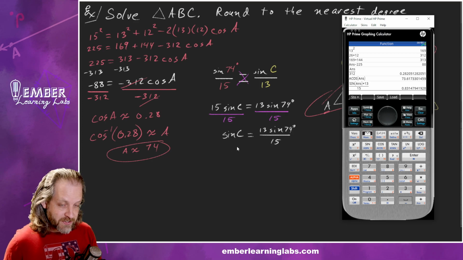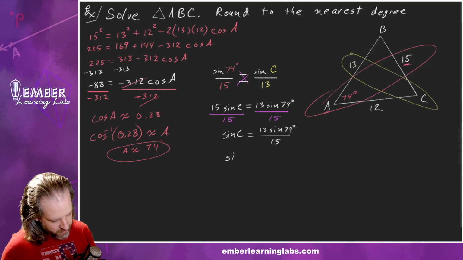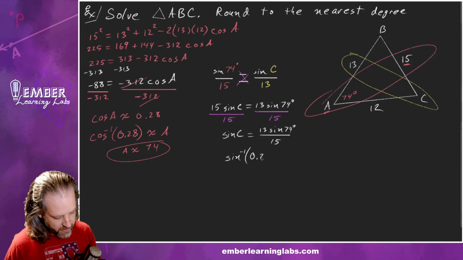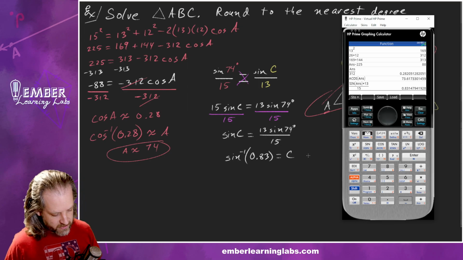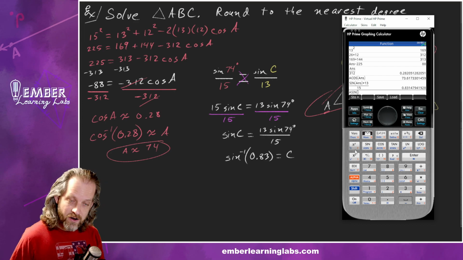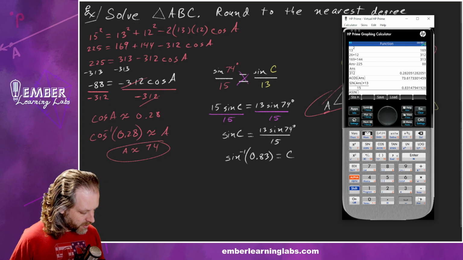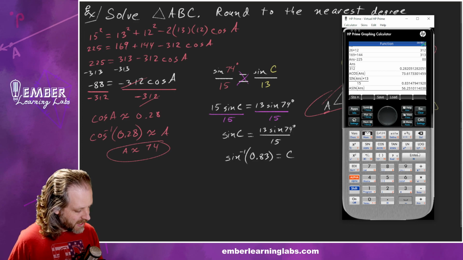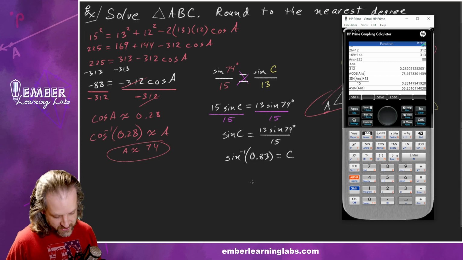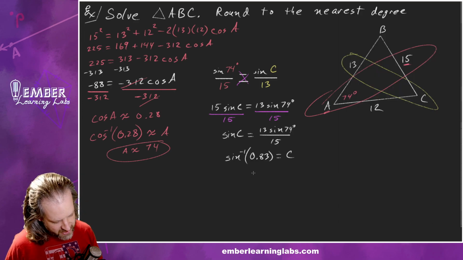So the inverse sine of 0.83 equals C. The arc sine of the previous answer equals 56.25. So 56 degrees. C equals 56 degrees.